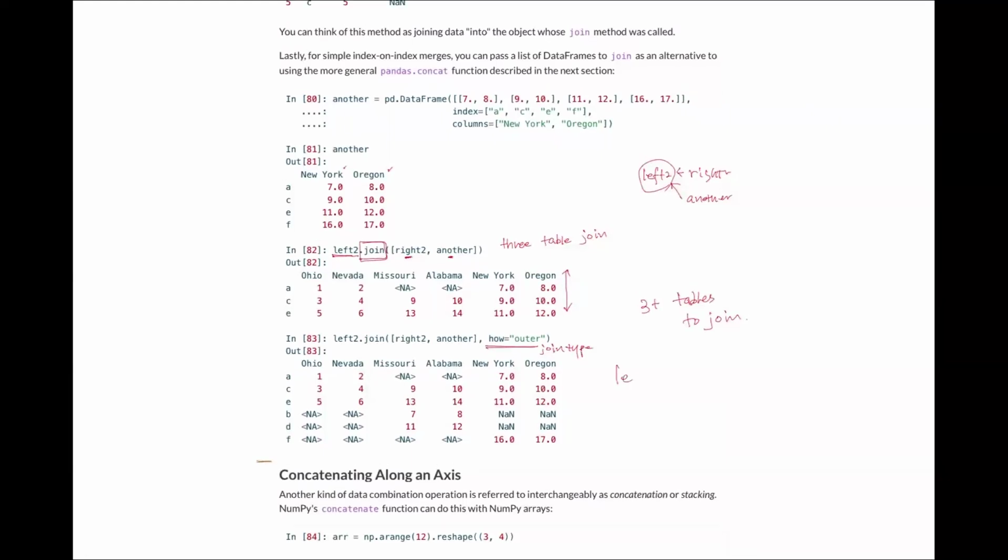Like if you have a left 2 table, and then a right, and then another, you can just keep joining these tables into the left 2 table, and then you get that left 2 table with the right and another table data in it. Okay, that's how it works.